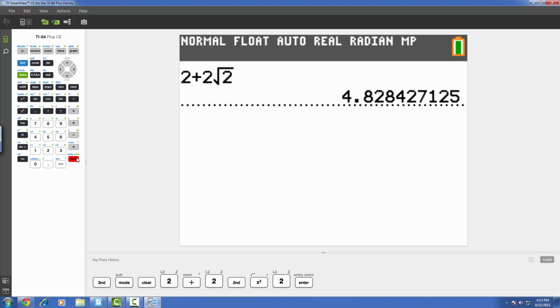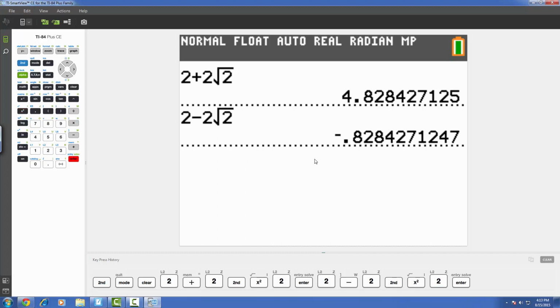Enter. And then we have 2 minus 2 square root of 2. So we end up then with these two different x values, and we can pretty much just say that this is close to about 4.8. This is close to about negative 1.